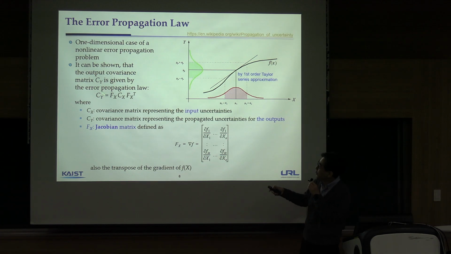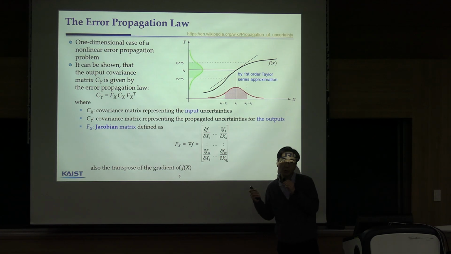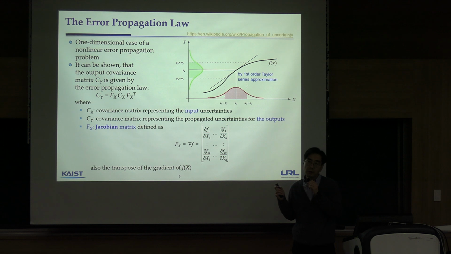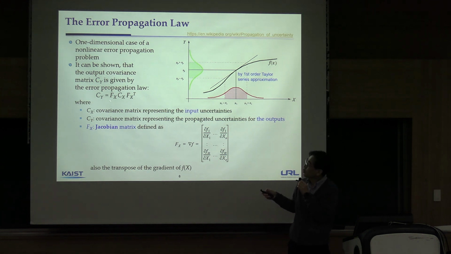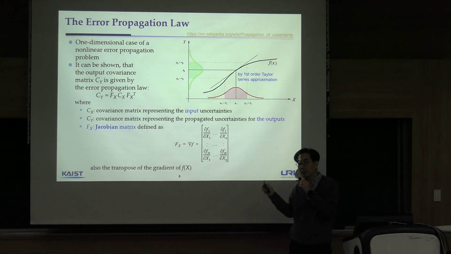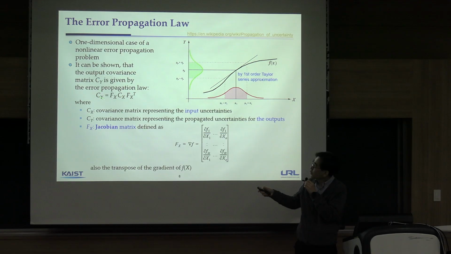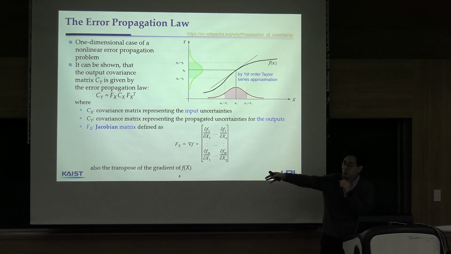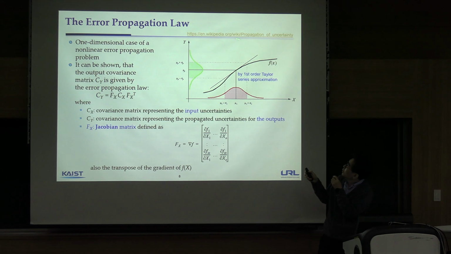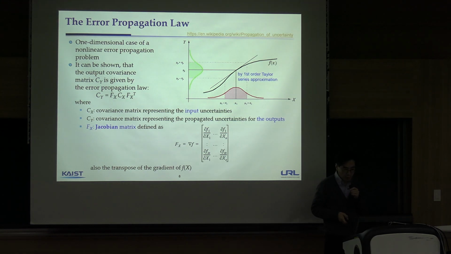F sub x is the Jacobian of variable x. We can just multiply Jacobians in front and rear of the original covariance matrix, and then we obtain the covariance matrix of y based on the previous covariance matrix. So error will be propagated based on these Jacobians. That is the uncertainty propagation law.